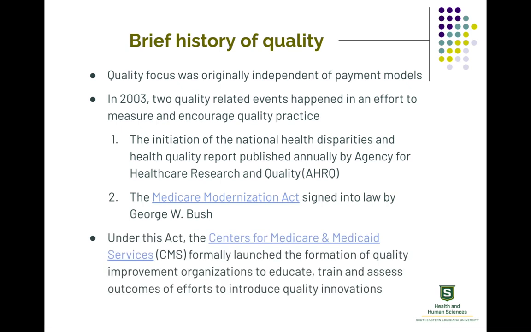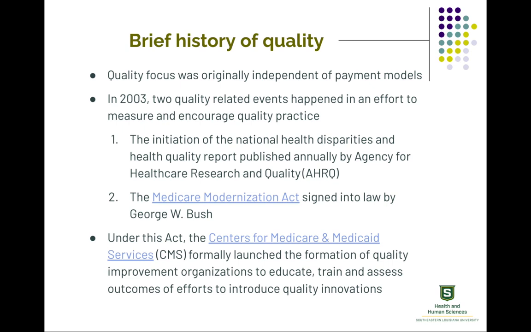So what the act did was empower the Centers for Medicare and Medicaid Services to launch a couple of programs and incentives to help get the U.S. healthcare system on the track of quality improvement.